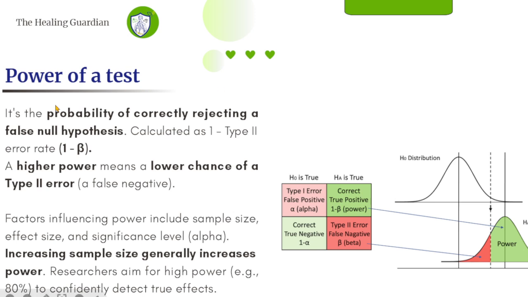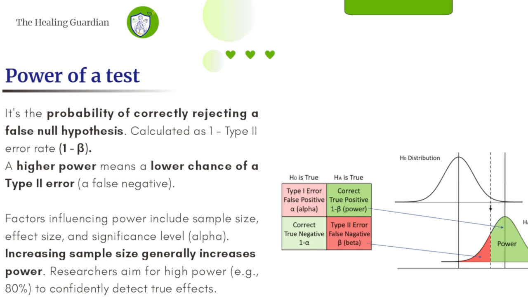So here we are applying the complement rule we began with: if the probability of happening is beta, the probability of not happening is 1 minus beta. So if the probability of making a false negative is beta, then the probability of rejecting a false null hypothesis will be 1 minus beta. It can be influenced by sample size and effect size.